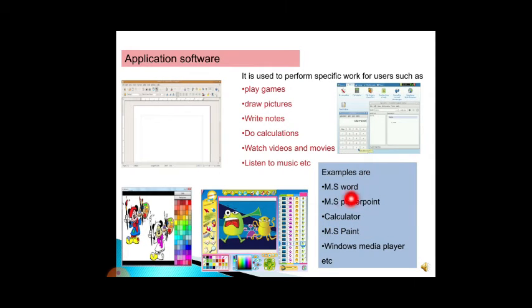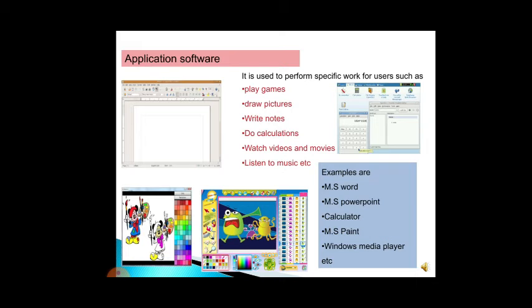MS Word is for documents, so we write the document here. In MS PowerPoint, we make presentation slides. Calculator is used to calculate. In MS Paint, we make drawings and paintings. And in Windows Media Player, we listen to music.